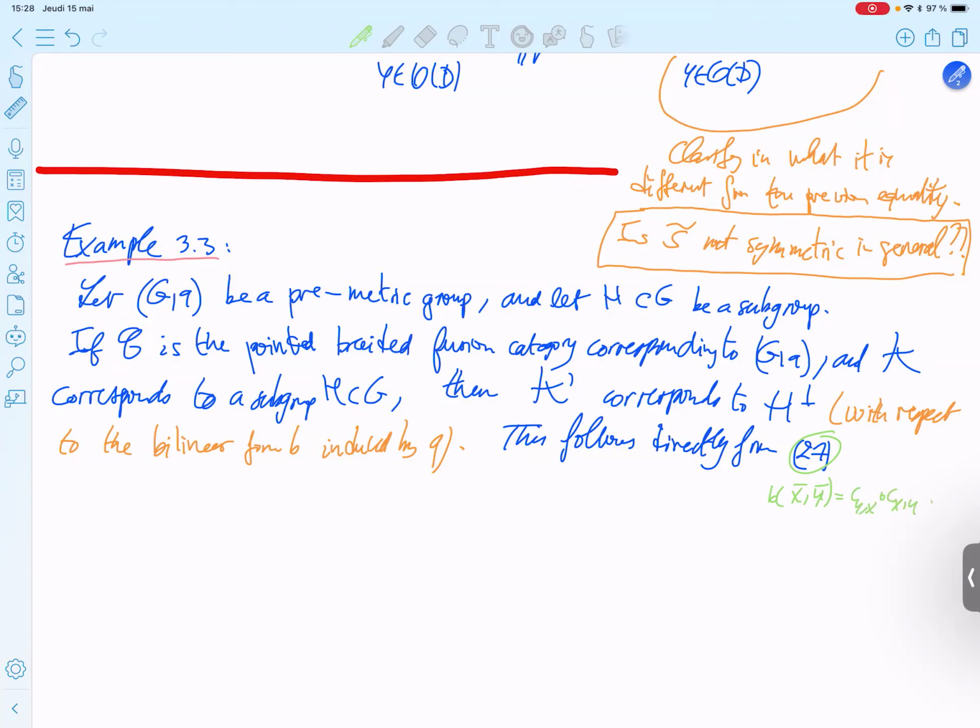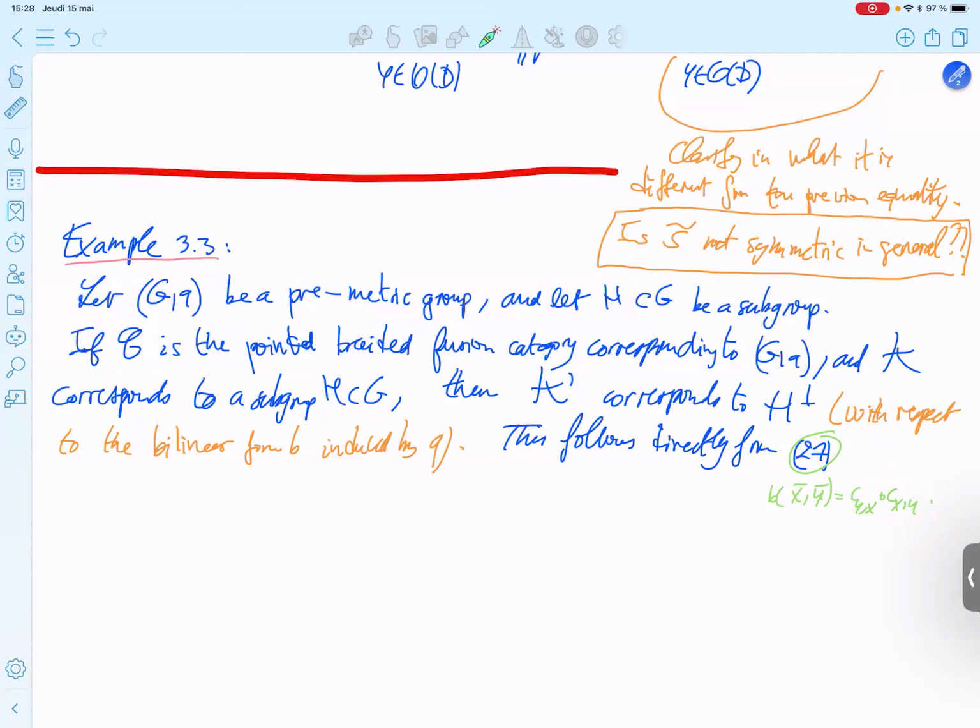But remember, the centralizer is something regarding the double braiding. And when we talk about orthogonal, you are thinking of this to be trivial, exactly as for the centralizer. So that's okay.